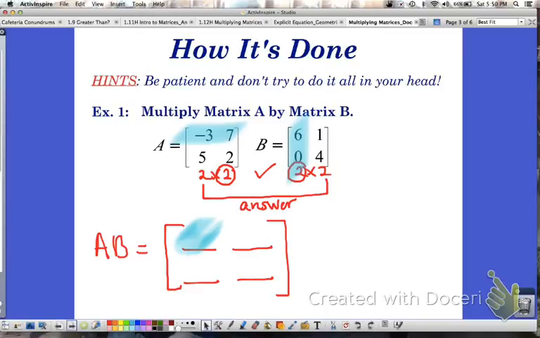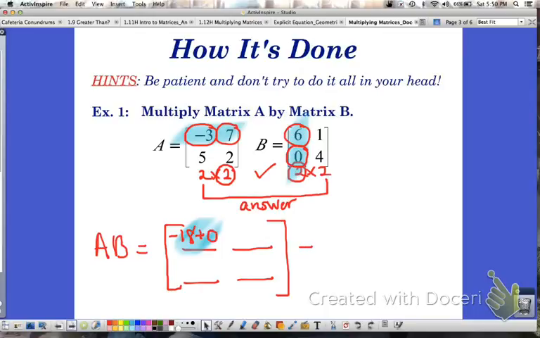Let me show you what I mean. Negative 3 times 6 is negative 18, and 7 times 0 is 0. I'm going to add those two together, and the first row, first column of the answer matrix is going to be negative 18 plus 0, or negative 18.